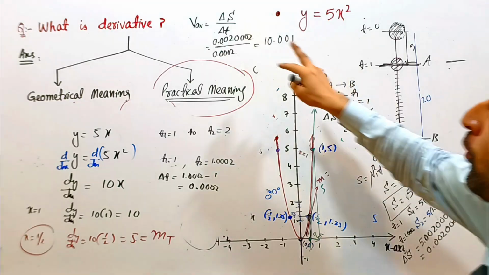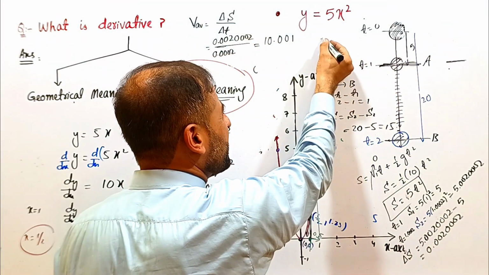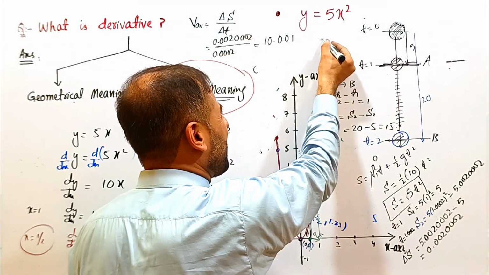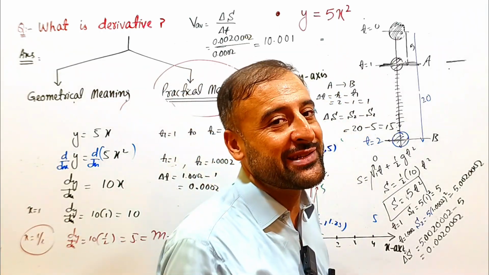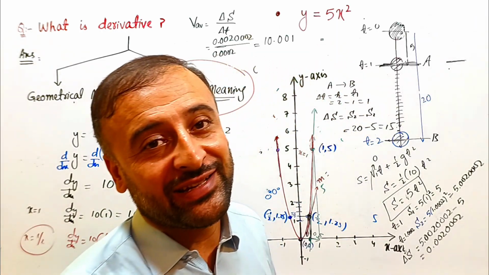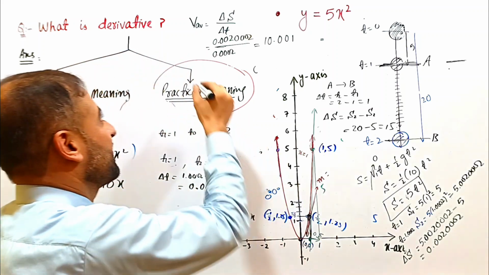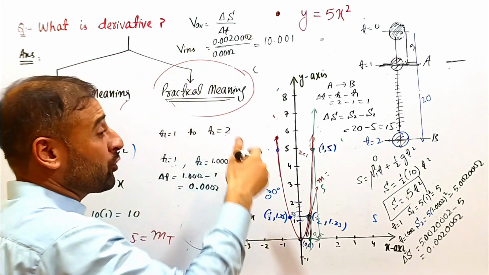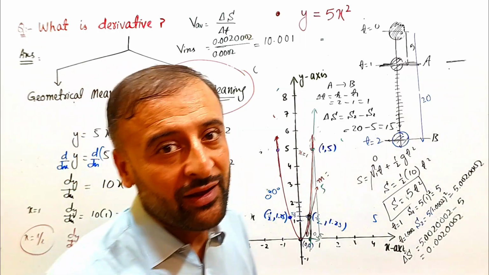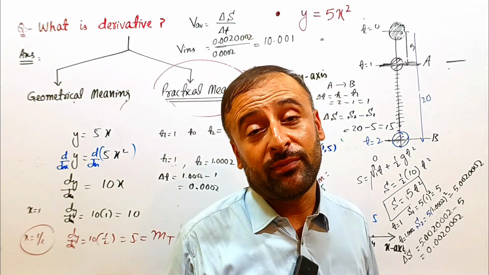Now the 2 points are so close to each other that you can consider these 2 points as a single point, and consequently the velocity is called instantaneous velocity. It's a mathematical concept. I don't want to get into that much detail because medical students may be listening.